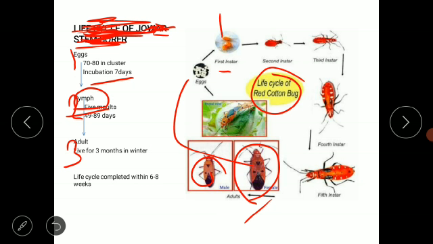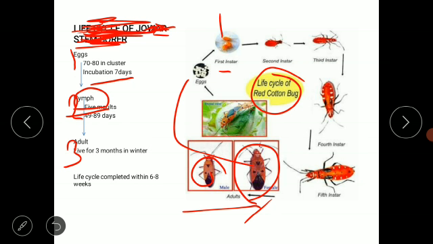They are very minute. These first nymphal instars are 1 mm in length and red colored, and they resemble the adults, but they are immature stages. Only the reproductive organs are not well developed, the size is also very small, and wings are absent.